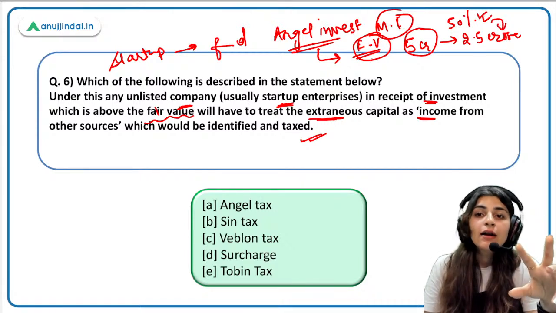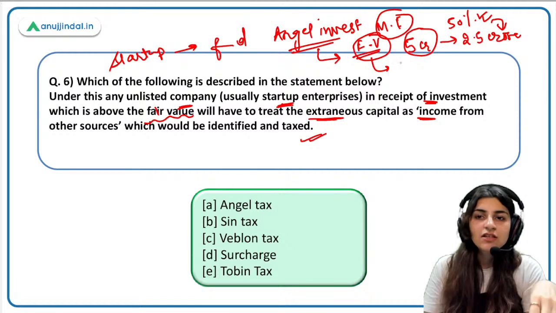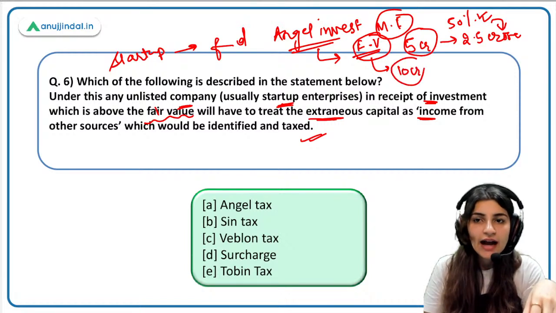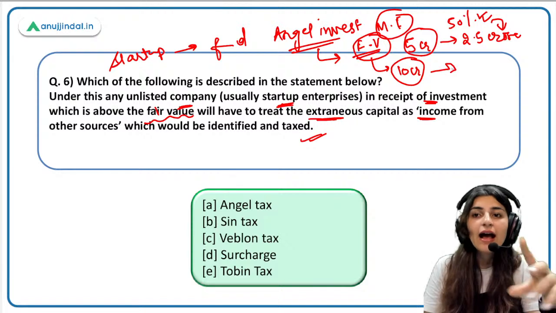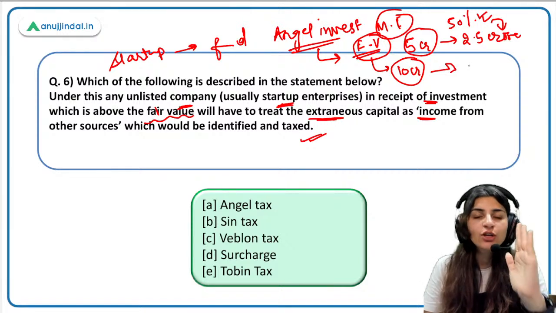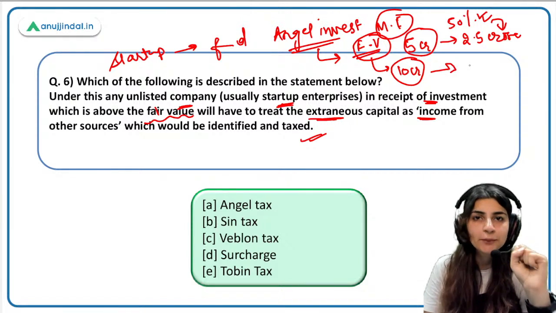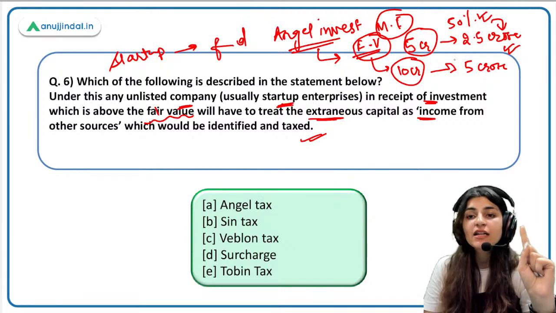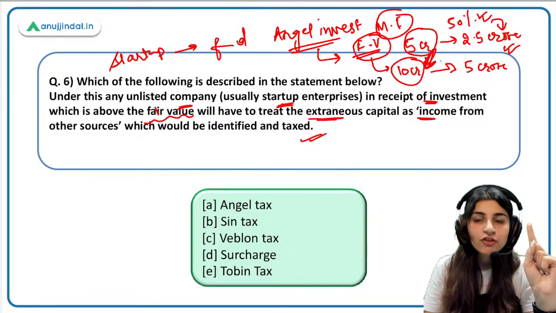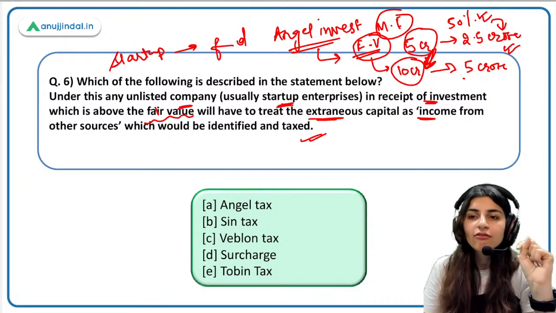However, let's suppose between themselves they value this at a higher value, at 10 crore. And if the angel investor wants to hold 50% equity in that startup, they will invest 5 crore. Essentially, they should have got 2.5 crore, but because of this overvaluation of the fair market value, they got 5 crore, which is 2.5 crore extra.